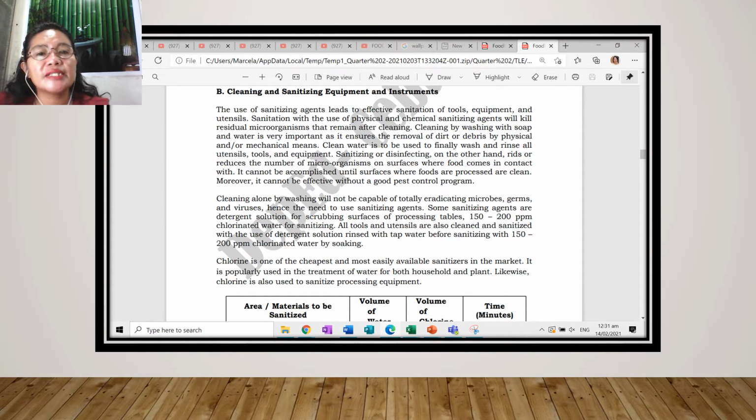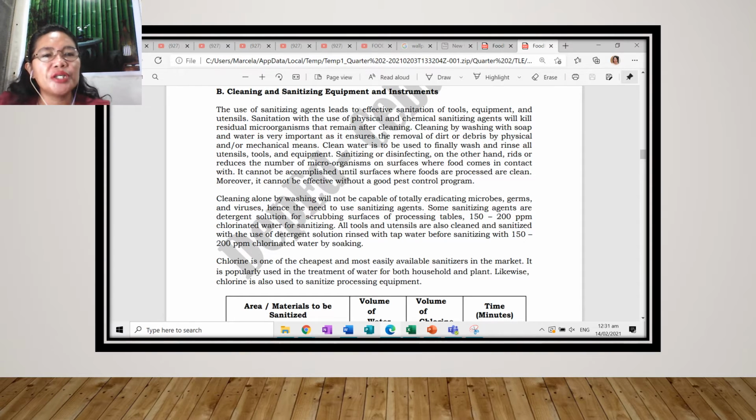Okay, sanitizing and disinfecting, on the other hand, reduces the number of microorganisms on surfaces where food comes in contact with. It cannot be accomplished until surfaces where foods are processed are clean.